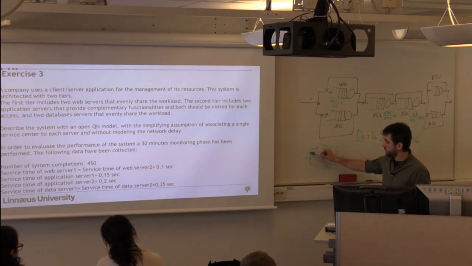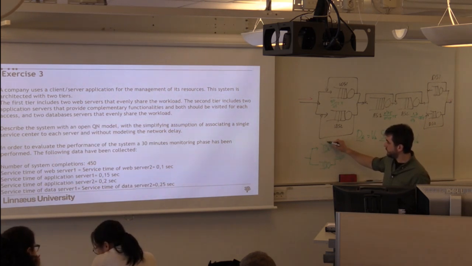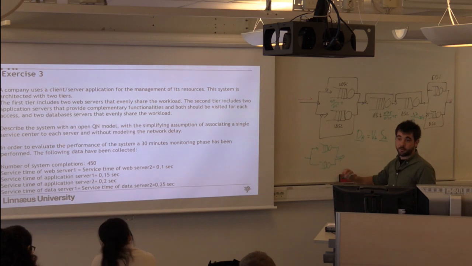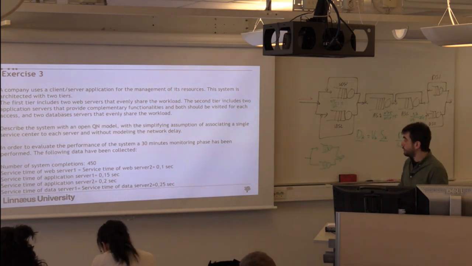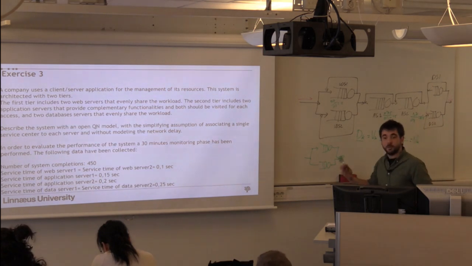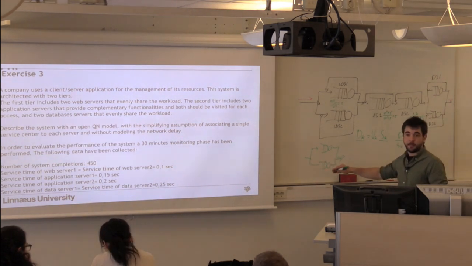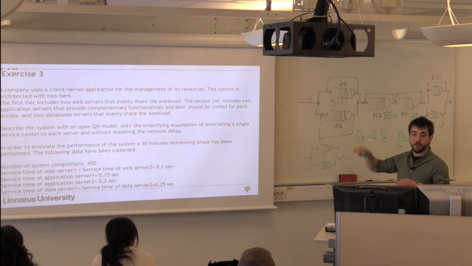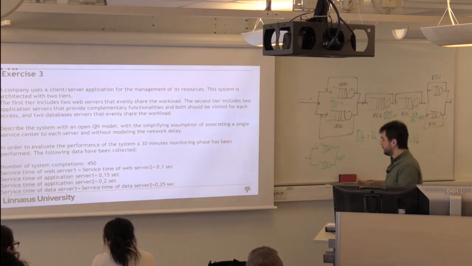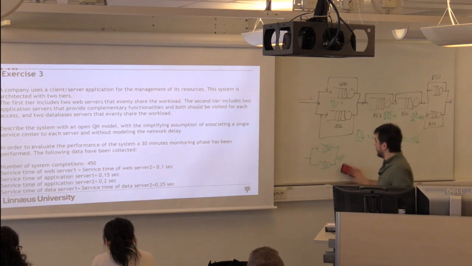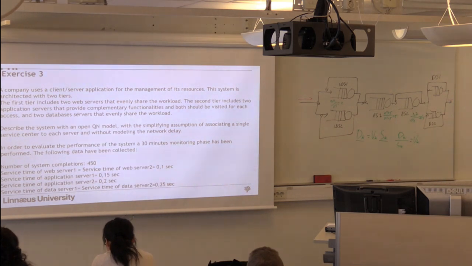If it is with probabilities, the number of visits will be equal to the probability of each path. If it is round robin, it will be half and half, so 0.5 visits. And if it is join the shortest queue, it depends on the speed with which it processes. But in every case, the mean number of visits will be a number between 0 and 1. So it is not an integer, and it is not always higher than 1. It is higher than 0.